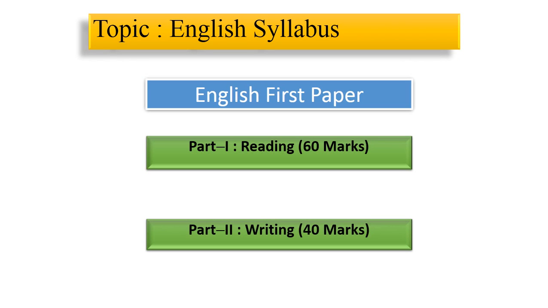English syllabus. First of all, I would like to discuss the English first paper syllabus. There are two parts in English first paper. Part 1 reading 60 marks and part 2 writing 40 marks.